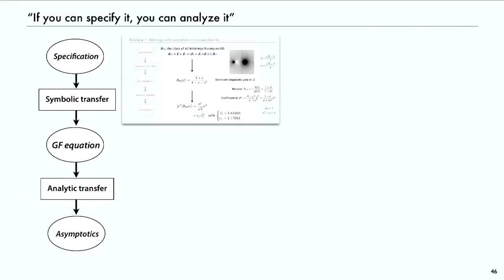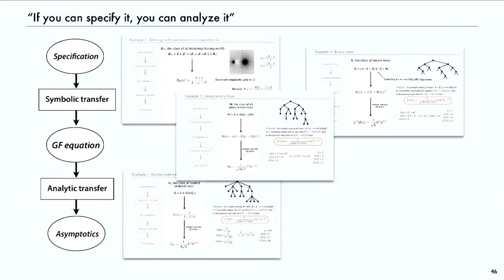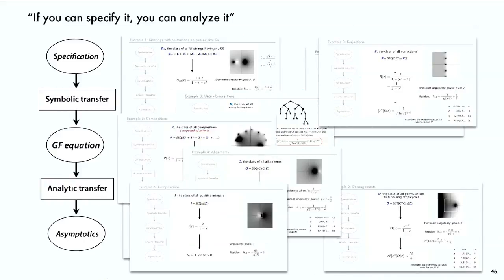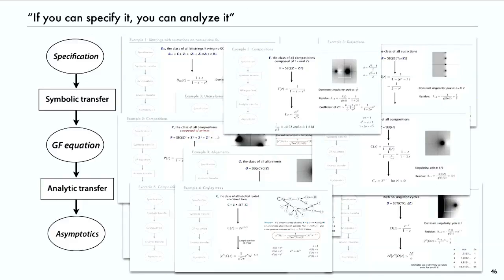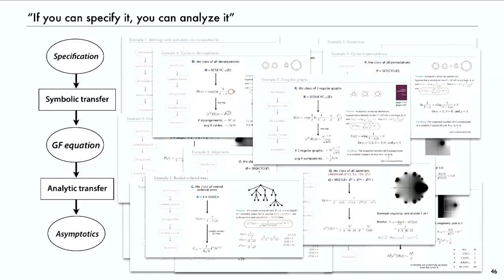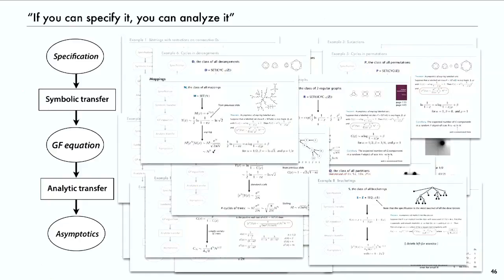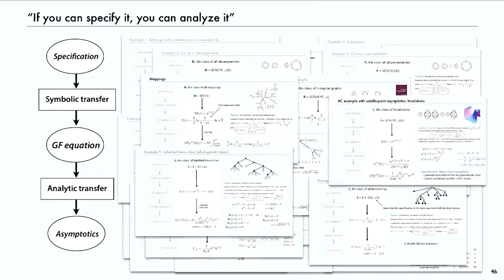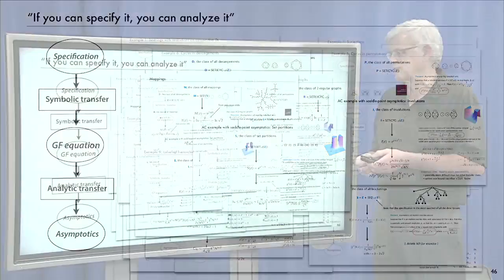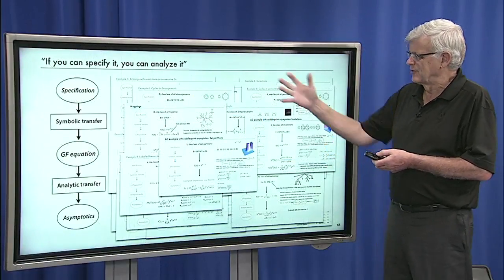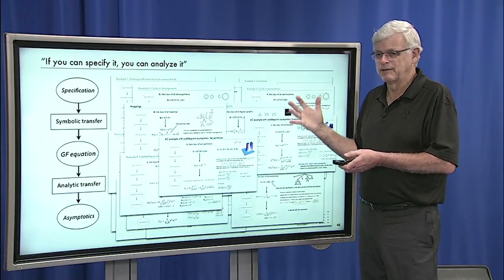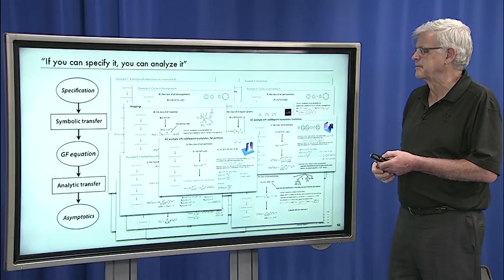And I'll just click through the 20 or so examples, from binary trees to surjections to compositions, alignments, compositions of various types, permutations with derangements, ordered trees, two regular graphs, lots of different types of combinatorial classes, finally ending up with involutions and set partitions in this lecture. And that's just a small example. For every one of these examples, there are variations that, again, can be handled in a uniform manner.